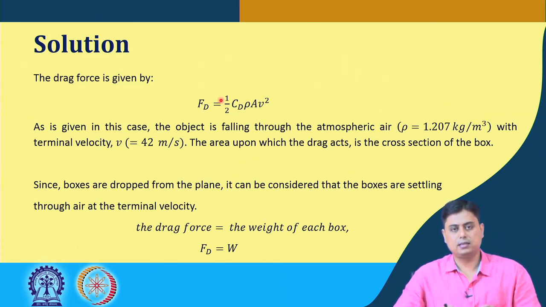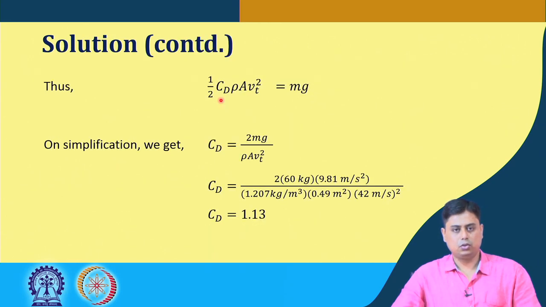This is as simple as it looks. So, this is our equated form, that the drag force is equal to mg. So, we find out what is CD based on the numerical values given in the problem, because all other parameter values are given. I hope this is clear.